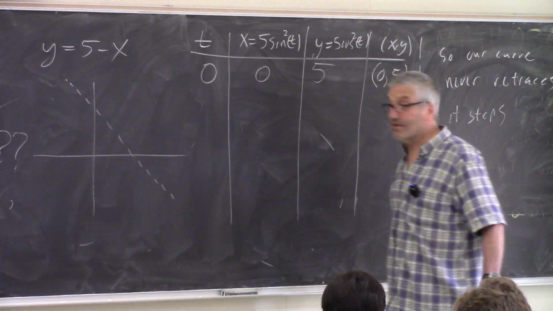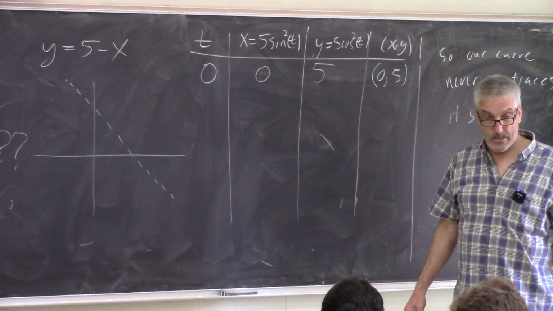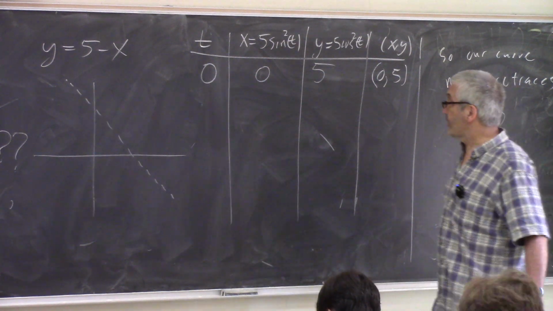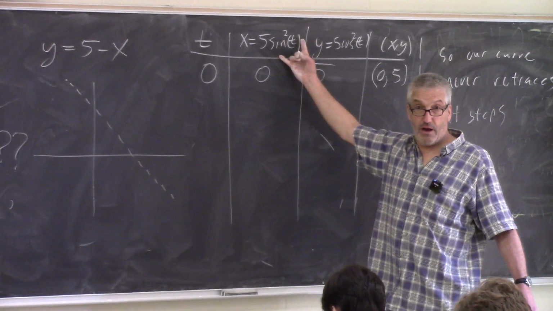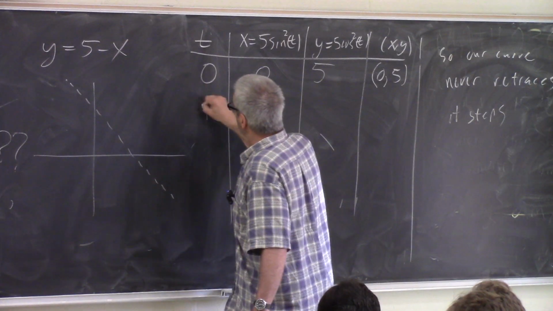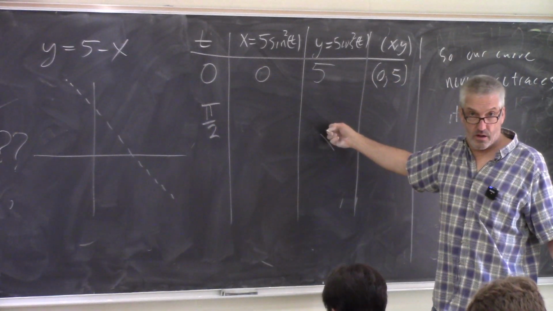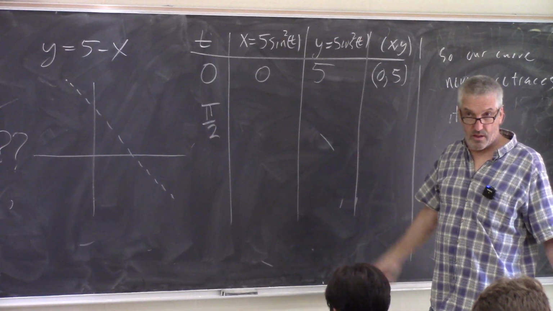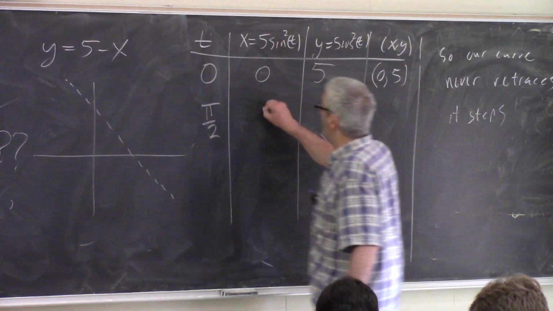What's the next interesting time that I should look at? Think about, you want to make your job easy. What's a time where you know how to compute this value really easily? Pi over 2. So somebody else, what are the coordinates for x and y there? 5, 0.